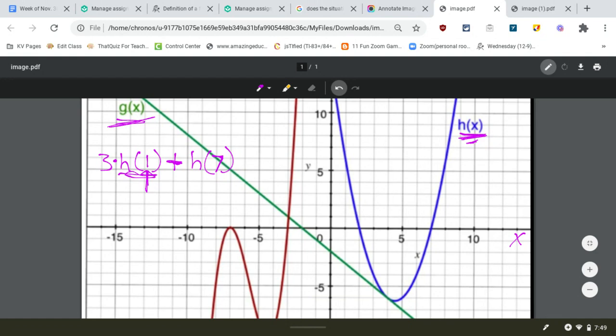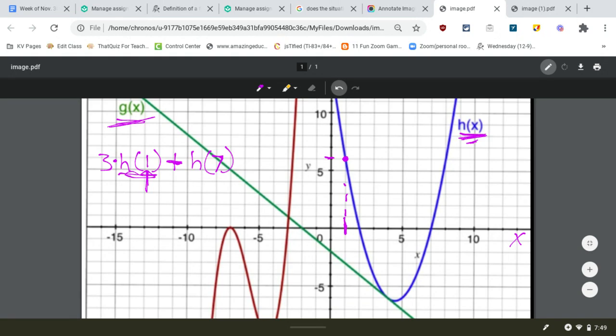And basically whatever y value is on that spot, that is your value for h of 1. So we're going to go to 1 for x right here, and then follow that up until it meets the graph. Okay, looks like it intersects right here. And that y value is at 6.